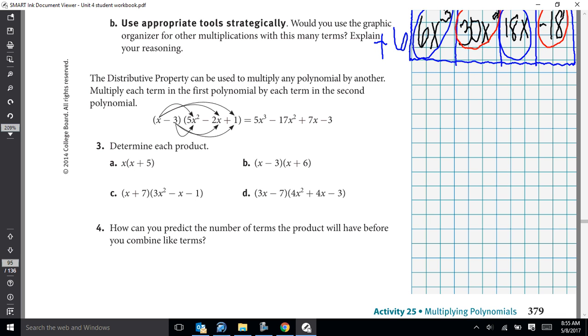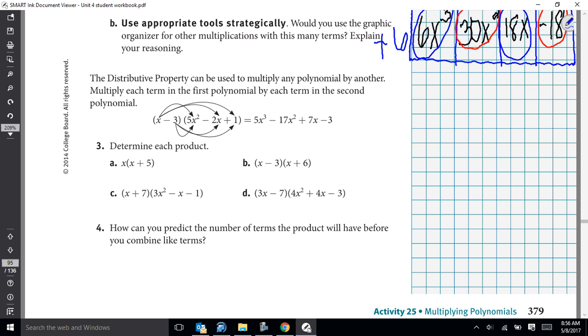Let's see, so I guess let's practice a few. So looking at A, we want to determine the product. So what are we using? What property would you use? What would be your approach to solve letter A? Distributive property. Would it necessarily make sense to draw up a box for this one?